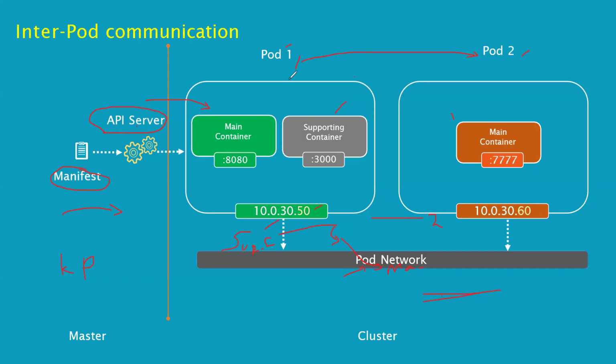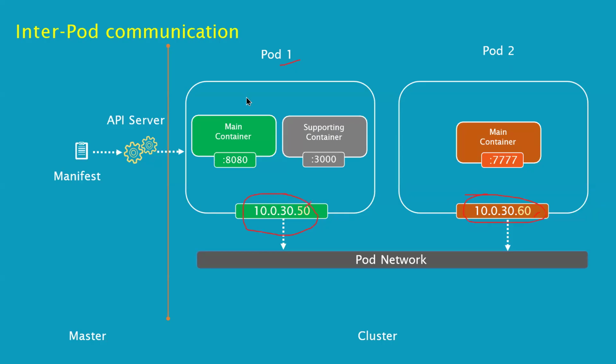Okay, we have deployed two pods here, and my requirement is to communicate between these two pods. As I said already, any pod we deploy will be allocated a unique IP address. Let's say this is the IP address of pod 1 and this is the IP address of pod 2.